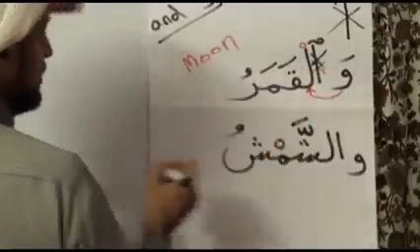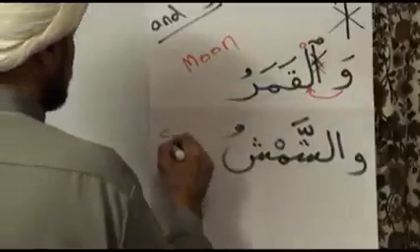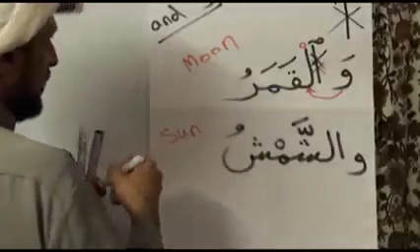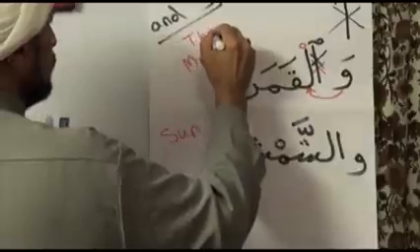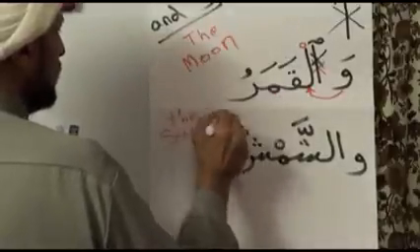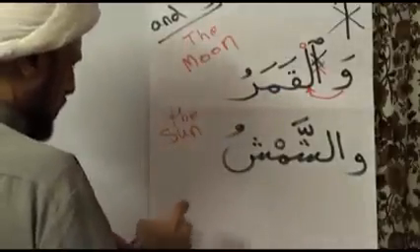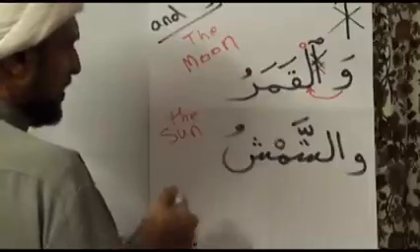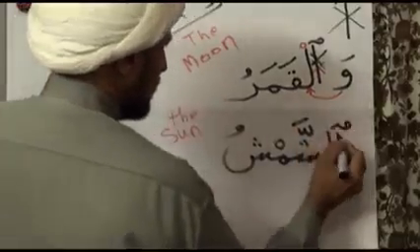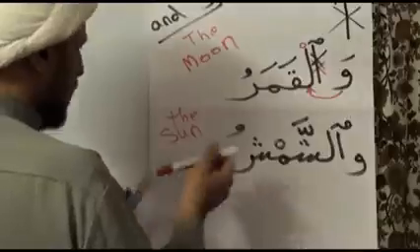Remember that shadda? Sun letters have shadda. And the sun. So we have here also the same alif, and then we have the lam with the sukoon.